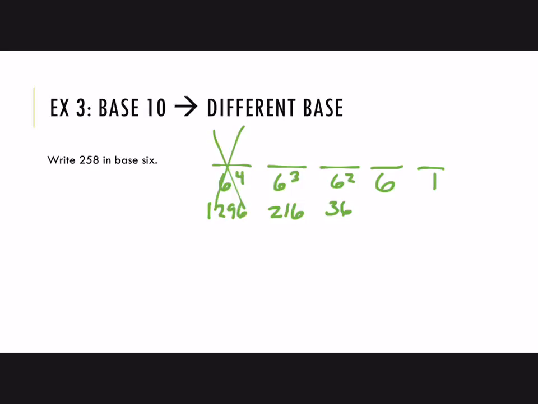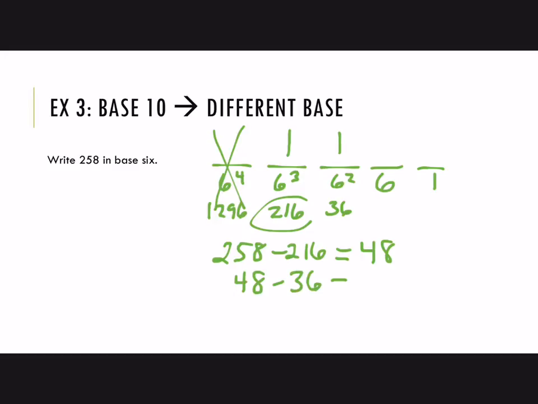All right, so how many groups of 216 are in 258? That's one group. And then subtract 258 minus 216 is 48. How many groups of 36 are in 48? That's one group, so 48 minus 36 is 12.